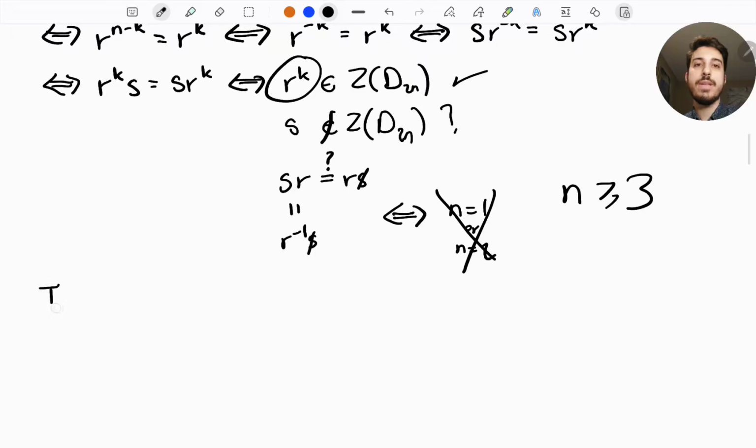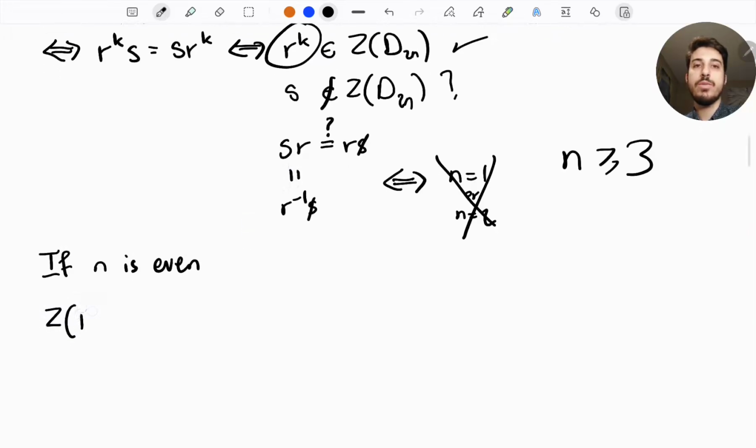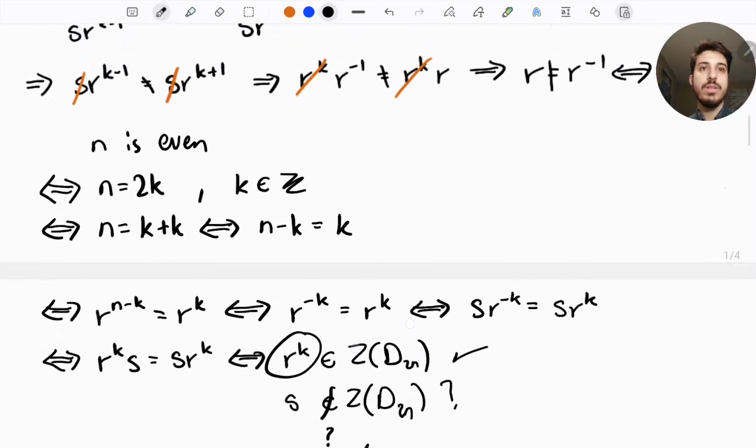So if n is even, then Z(D_n), the center, is the set containing 1, the identity, and r to the k. But k, what is k here? What did we say it was? Well, we said n is equal to 2 times k, so k is equal to n over 2.